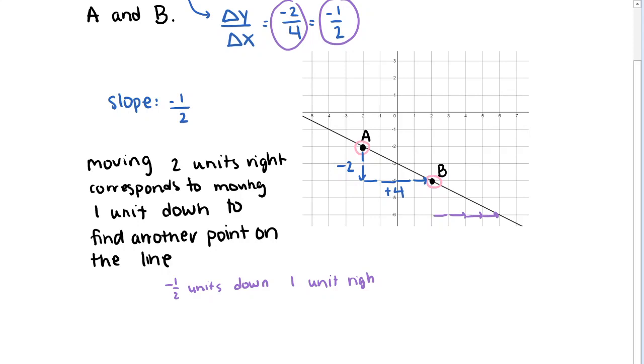Right, so here if I go down by 1/2 unit, my change in y per change in x is -1/2. That's telling me if I go down 1/2 unit, I need to go right 1 unit to stay on my line.